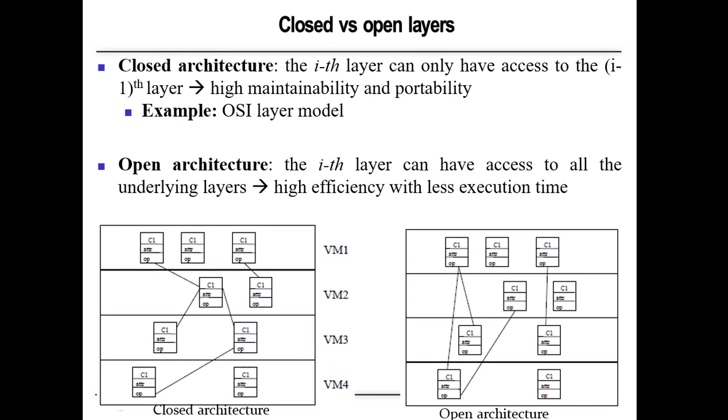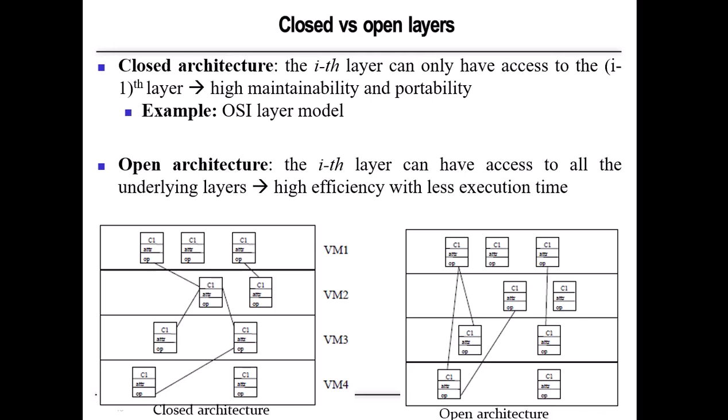We have two basic types of layers. One is called closed layer and another is called open layer. In closed layer architecture, the ith layer can only have access to the i-1 layer, meaning the layer below.